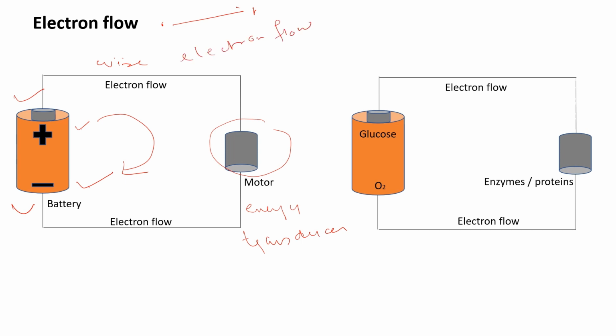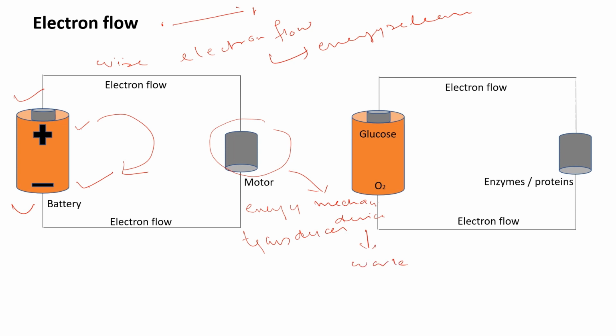Electron flow is always accompanied with energy release. So whenever the electron is flowing, energy is released, and this energy is captured by the motor to do any mechanical work. This motor is actually attached with a mechanical device, and this mechanical device will perform the work.